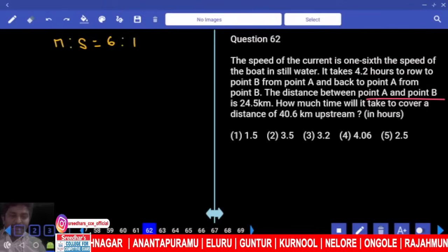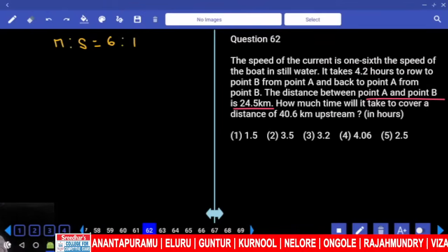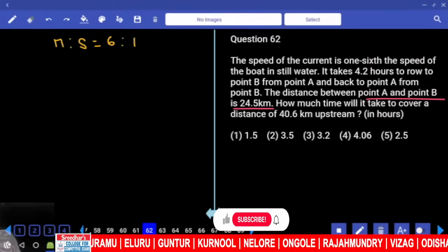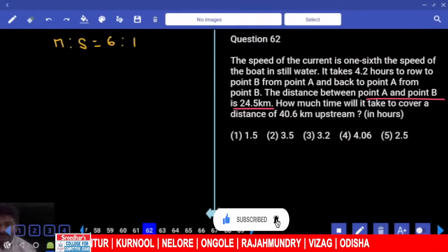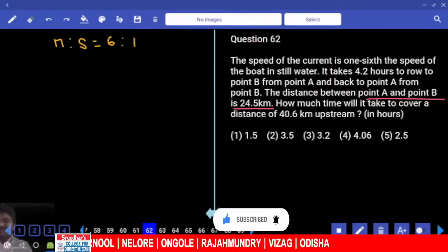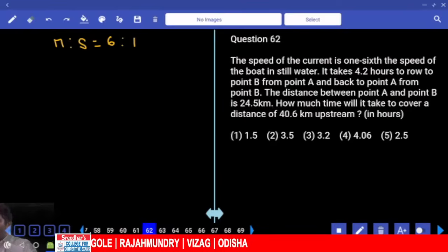Distance between A to B is 24.5 kilometers. How much time will it take to cover a distance of 40.6 kilometers upstream? Okay. So, how much is distance between both the places? 24.5, decimal is there. I don't like decimal, so write it as 49/2.